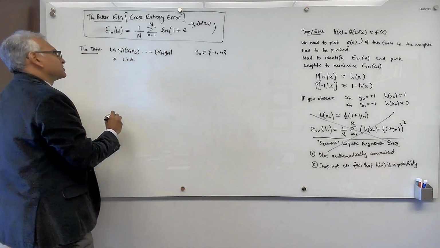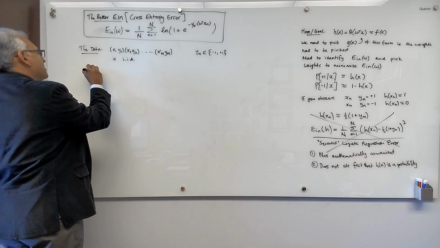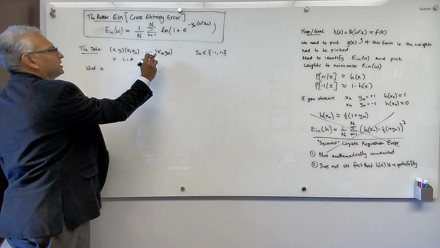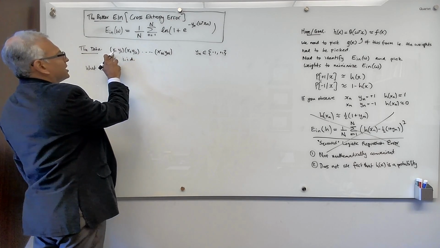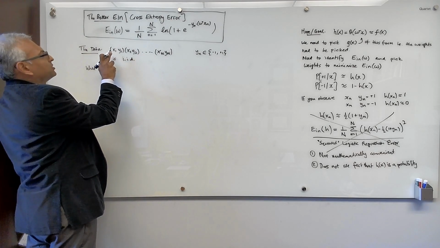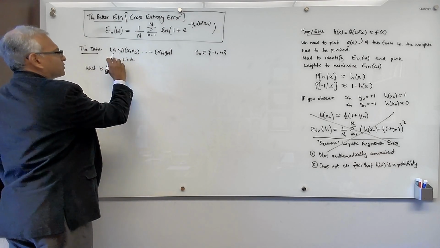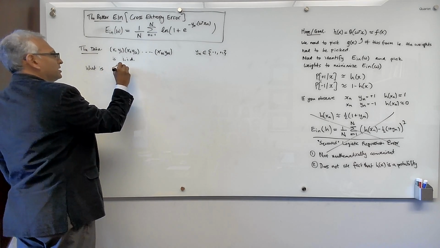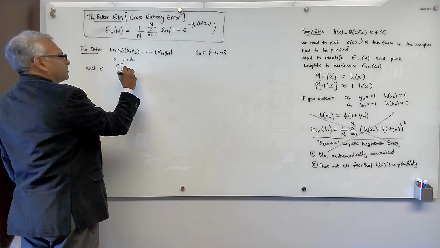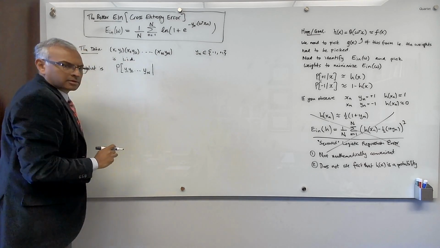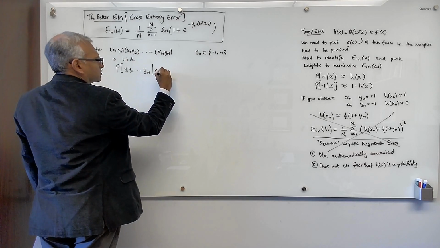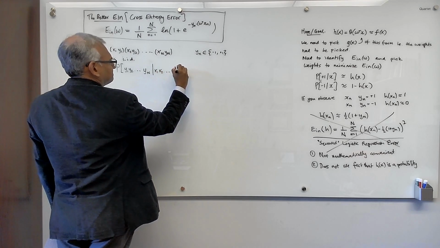So we can assume the data is IID, and so we can ask, what is the probability that you observe the values y1, y2 up to yn, given that the data point inputs are x1 up to xn? So what is the probability of y1, y2 up to yn, given that they're occurring on the inputs x1, x2 up to xn?